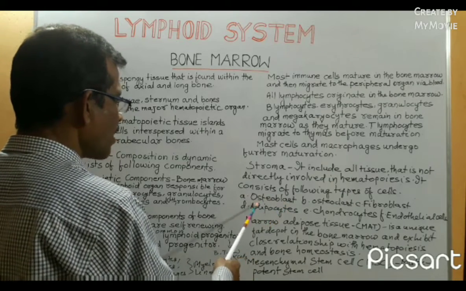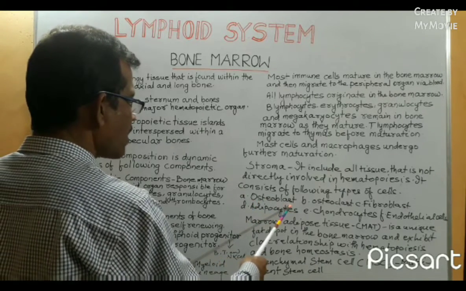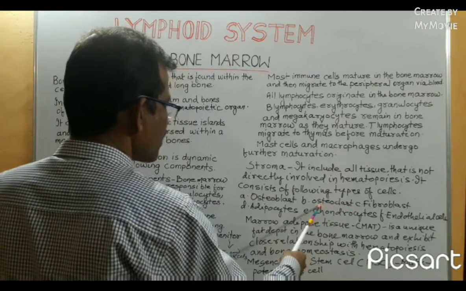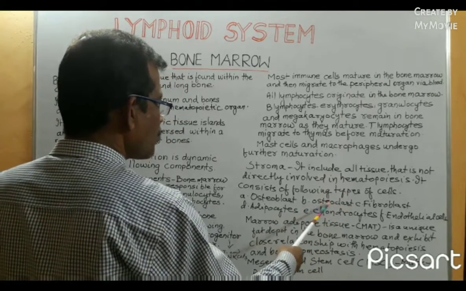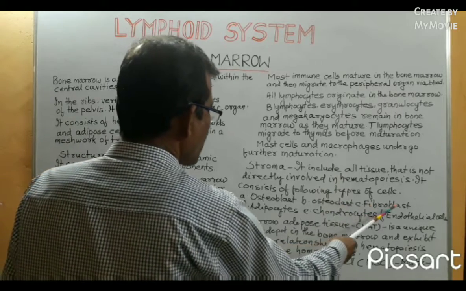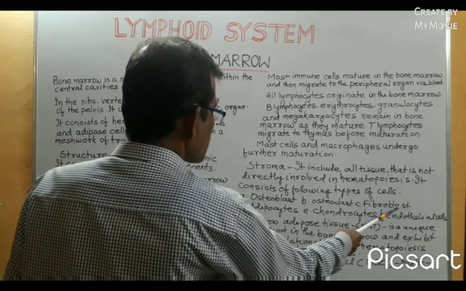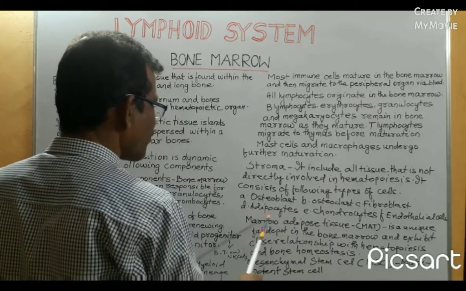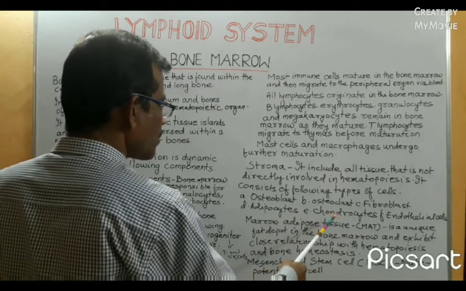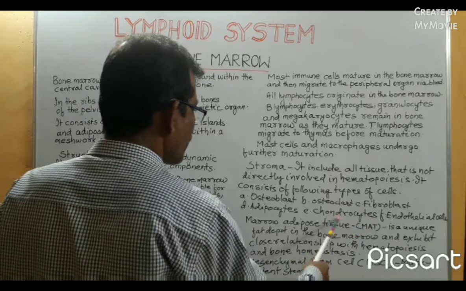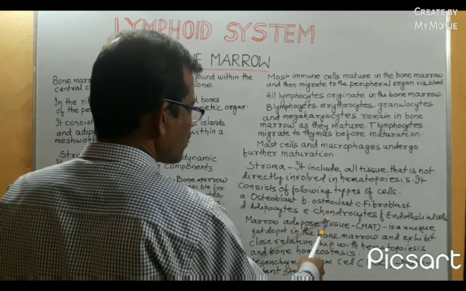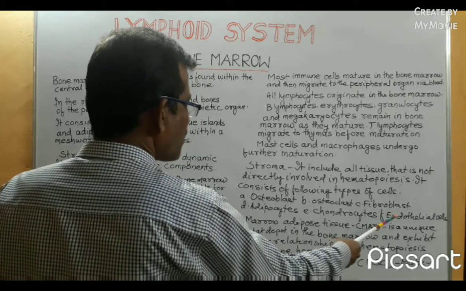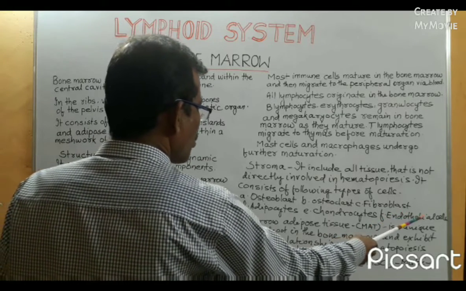Osteoblast is a specialized cell that synthesizes bone. Osteoclast is also a specialized cell that absorbs and removes bone. Fibroblast is responsible for formation of collagen. Adipocytes are the fat cells. Chondrocytes are responsible for the formation of cartilage, and endothelial cells line the interior surface of the blood vessels.